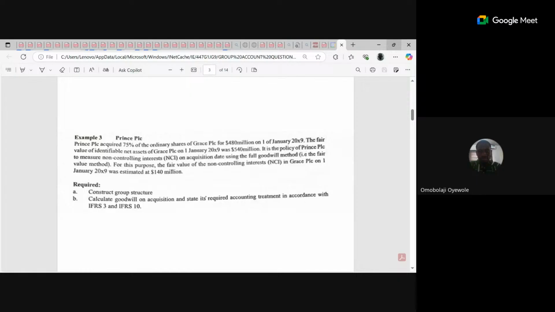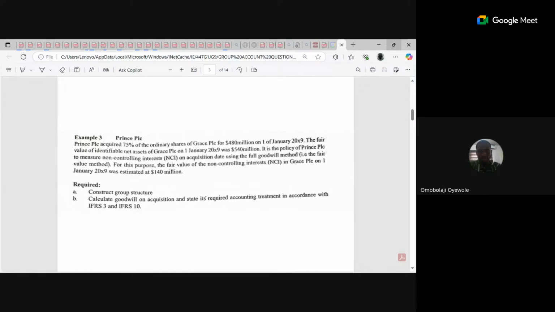Then it is the policy of Prince PLC to measure NCI using what? Full goodwill method. So NCI is measured using the full goodwill method. For this purpose, the fair value of NCI in Grace PLC was estimated at 140 million.